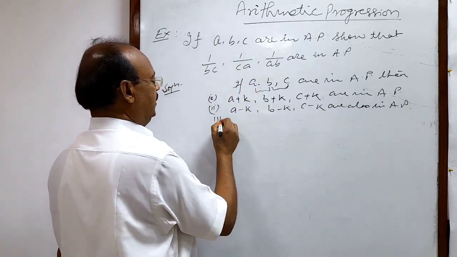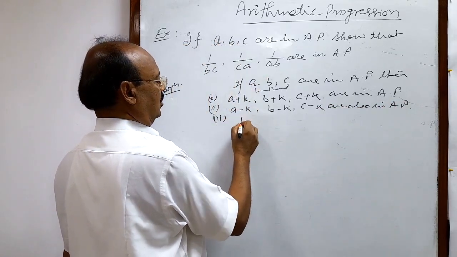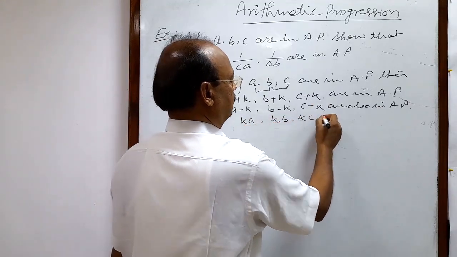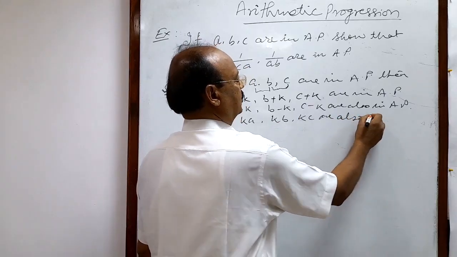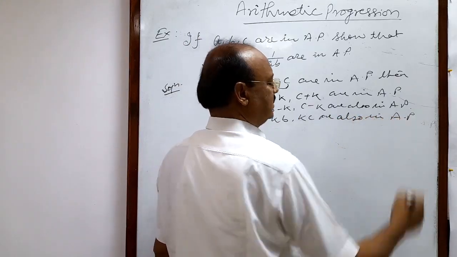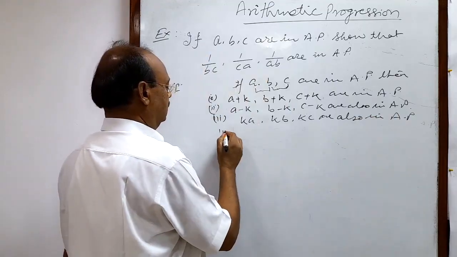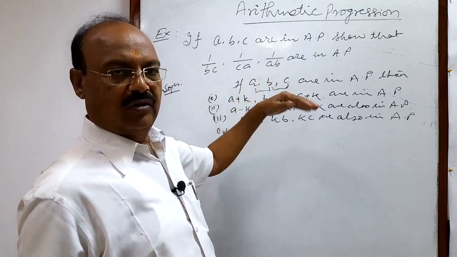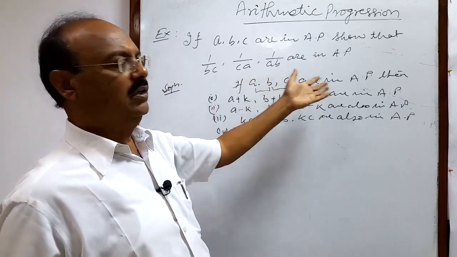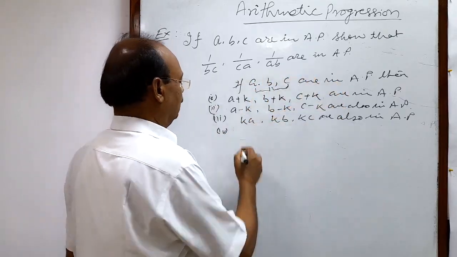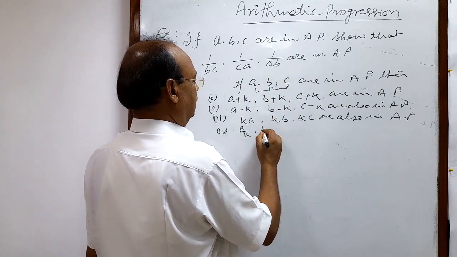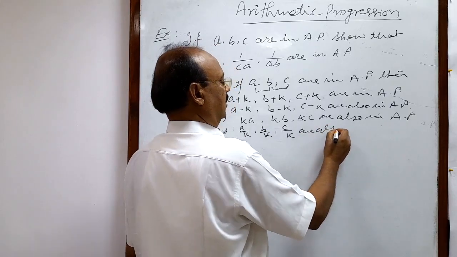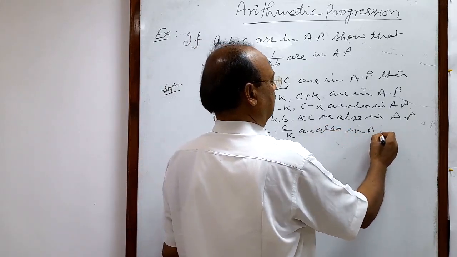In case of multiplication also, K times A, K times B and K times C are also in AP. Very basic thing. And fourth, whenever we divide these numbers by a constant, again they will be in AP. So A by K, B by K and C by K are also in AP.